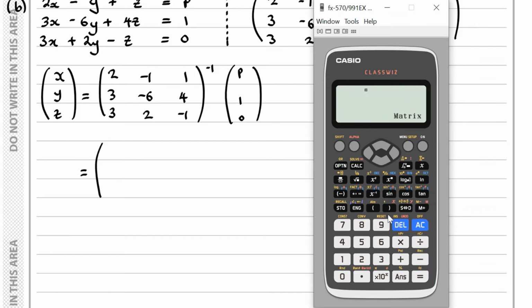And if you press AC and then go to options, and then take matrix A and find the inverse of it, well, we can factorize out a 1/5.